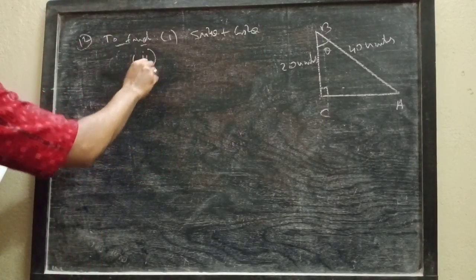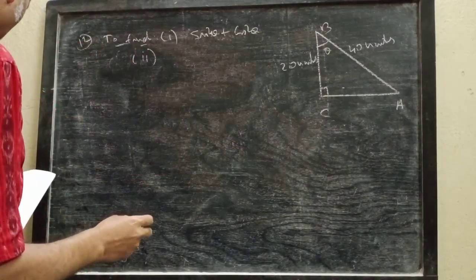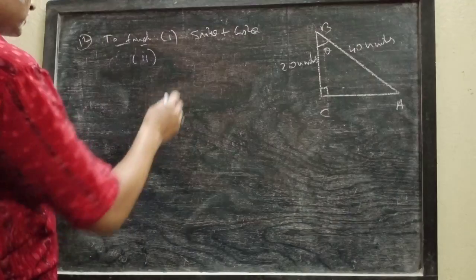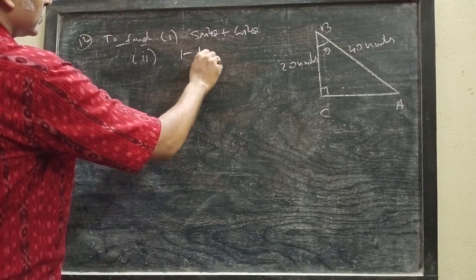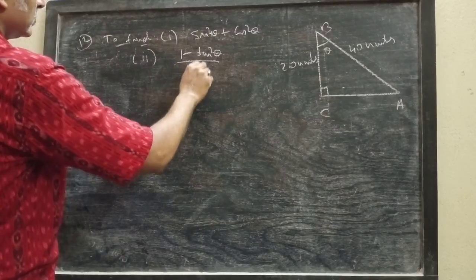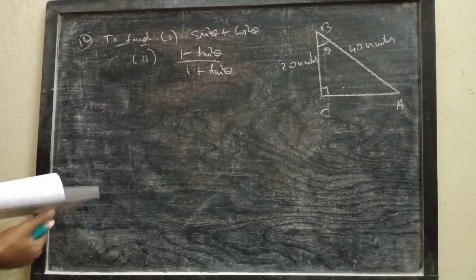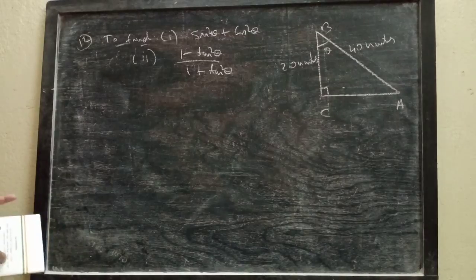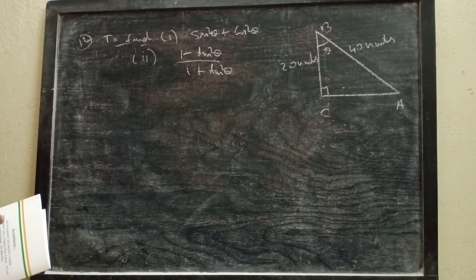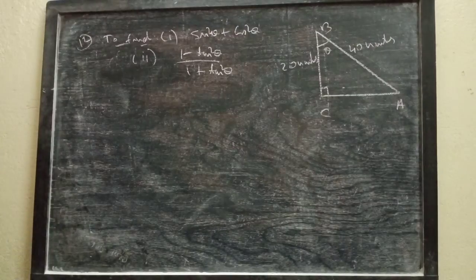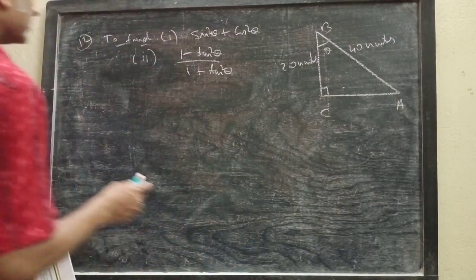Number 2, 1 minus tan square theta by 1 plus tan square theta. These two expressions you have to find out. First of all, we have to find the length AC.